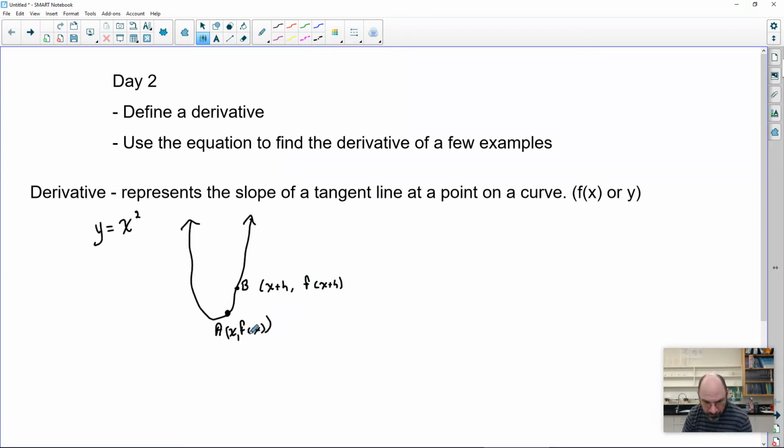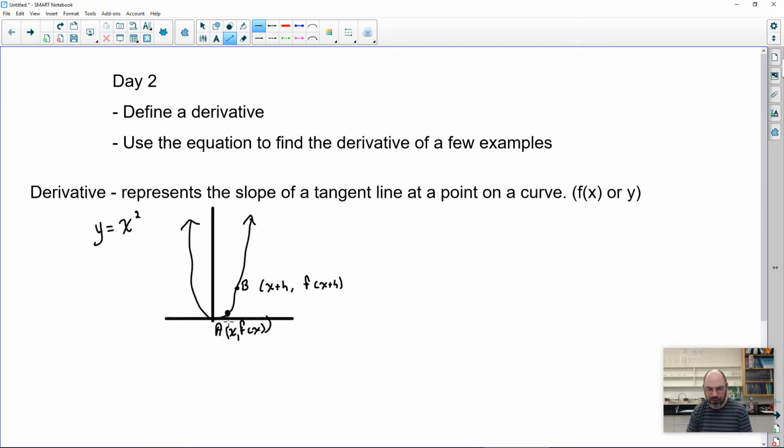If I had this set of axes in here, let's draw a straight line here. There's my x, my y.